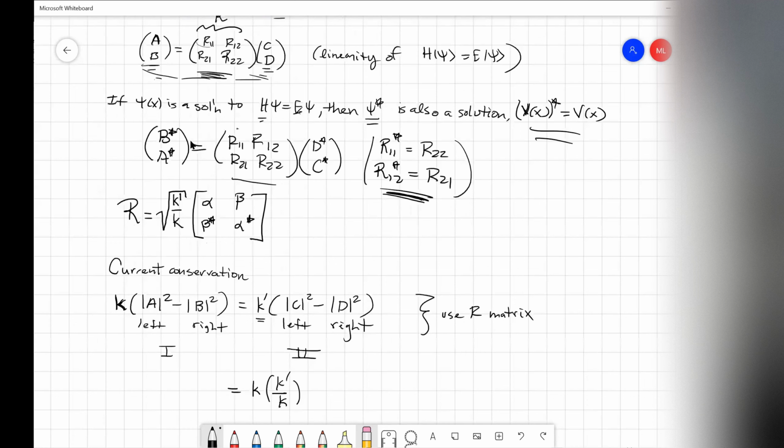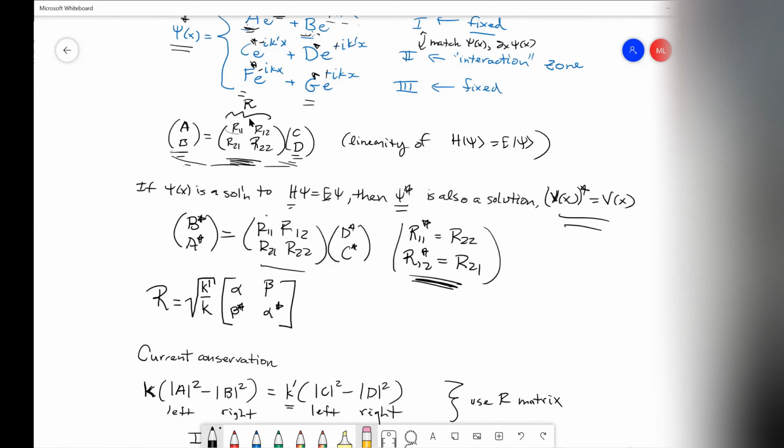So we have A and B here, and let me write it out here. A and B is equal to the square root of K prime over K, times the matrix alpha, beta, beta star, alpha star, all that acting on C, D. So we can write the magnitude of A squared as basically the vector times this matrix.